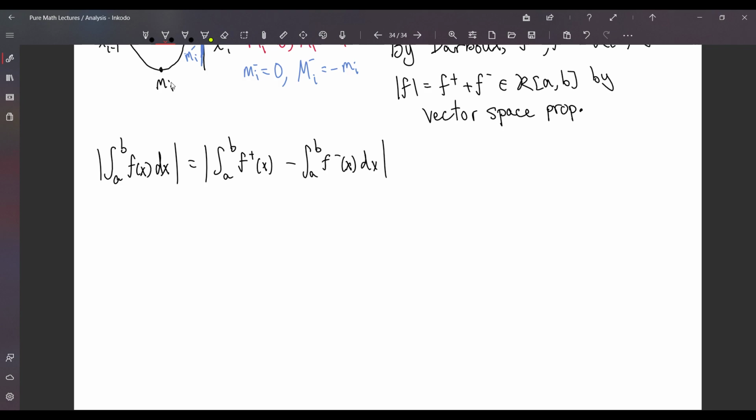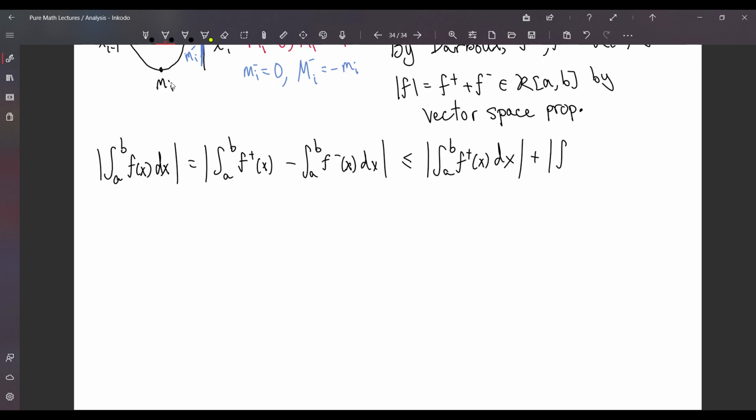Just substituting in f equals f plus minus f minus, and then using linearity of the integral. Now we can use the standard triangle inequality. We have a sum of two things, so this is going to be less than or equal to the absolute value of the integral here and the integral here.